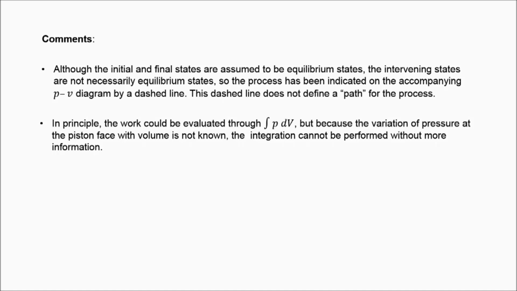In principle, the work could be evaluated from W equal to the integral of PdV, but because the variation of pressure at the piston face with volume is not known during the process, as mentioned above, the integration cannot be performed without any more information about the details of the process.